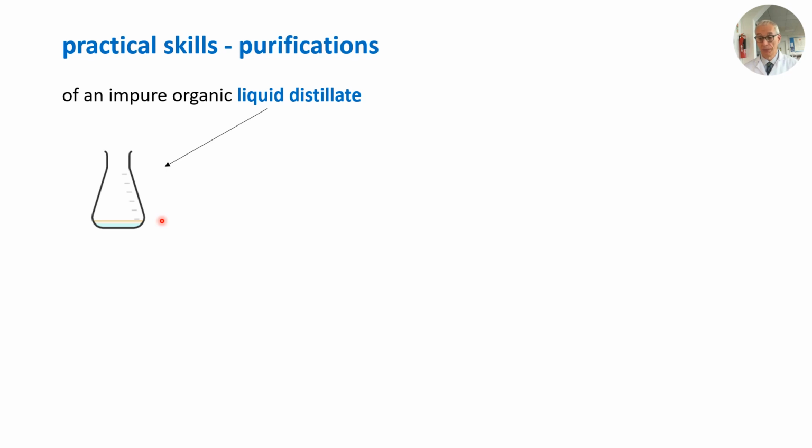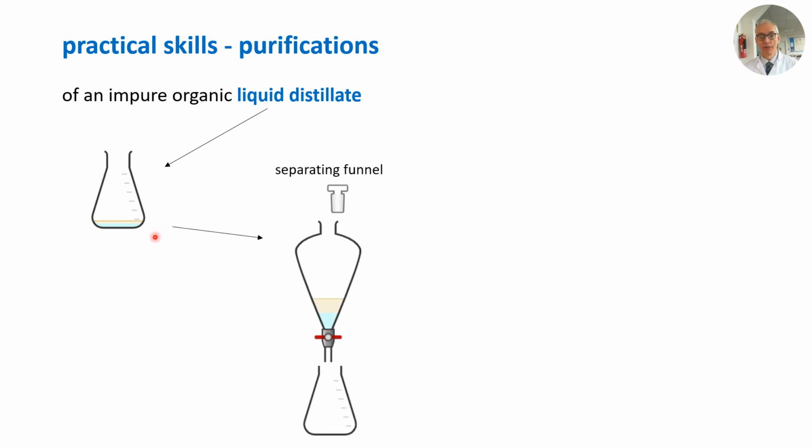At that point, you may also, in a method, add something such as sodium hydrogen carbonate to remove some acids. But the separation of the layers in the impure liquid distillate is carried out in a separating funnel.